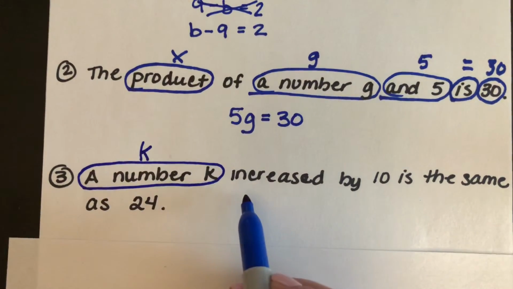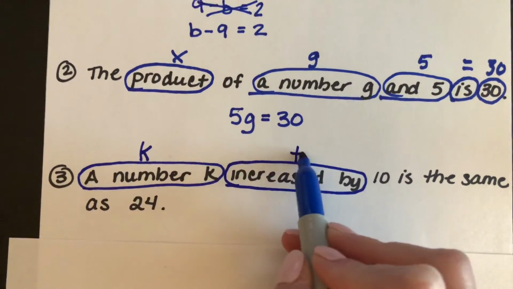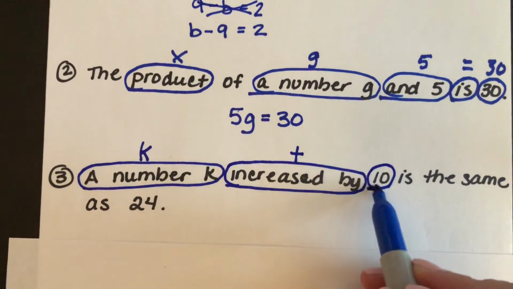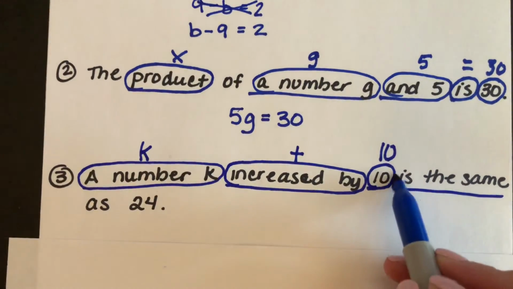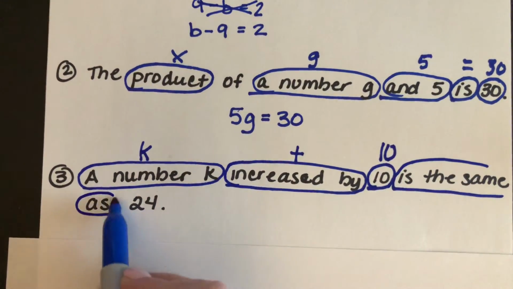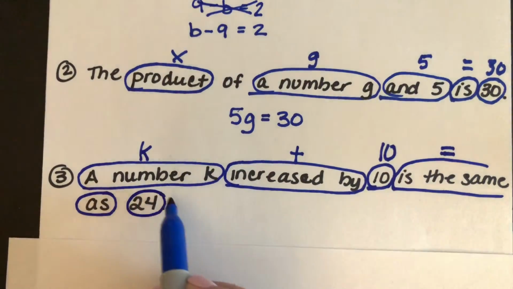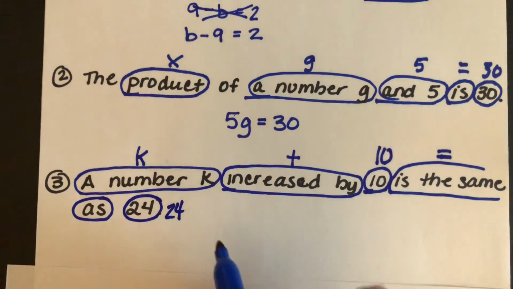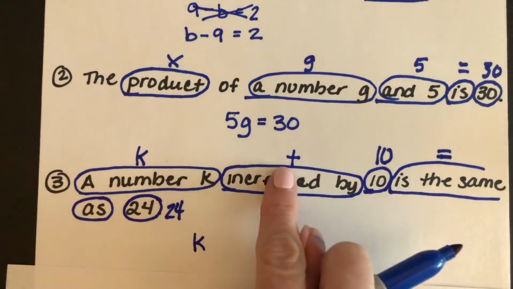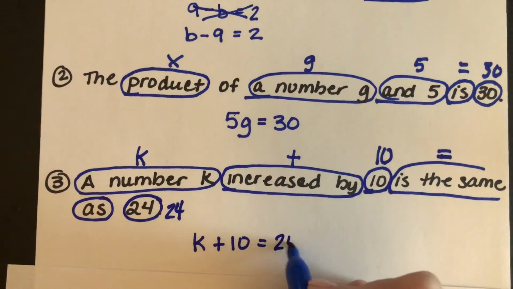Increased by, if I look on my sheet, increased by means to add. 10 is the same as, that's my equal sign, 24. So it's k plus 10 equals 24.